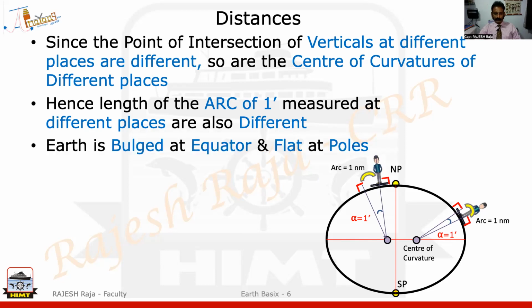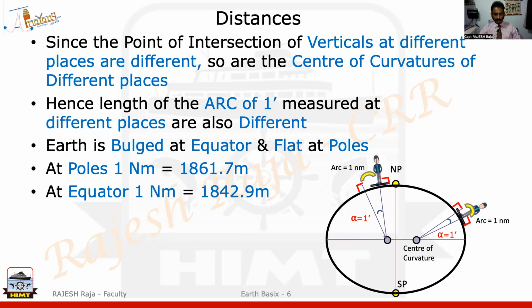So what is the conclusion? Again, Earth is bulged at the equator and flat at the poles. So at the poles, this arc which I have just drawn, when it is measured, comes as 1861.7 meters. But at the equator, the first diagram, the first person, it comes as 1842.9.